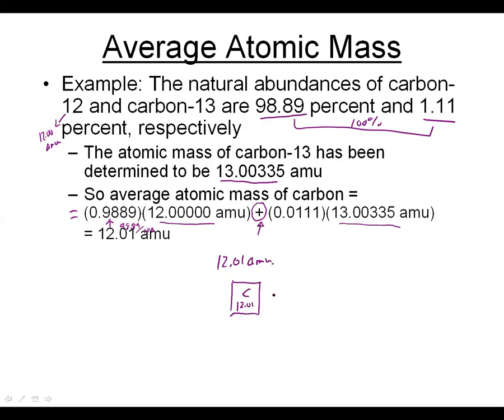And again, it really is the average atomic mass of all those naturally occurring isotopes. Again, like I said, most people don't really call it the average atomic mass. They just kind of call it the atomic mass. Any questions on that, or how to calculate the average atomic mass?